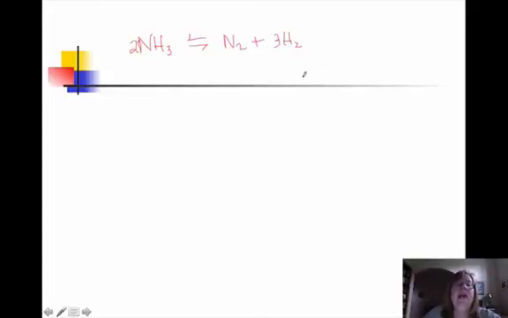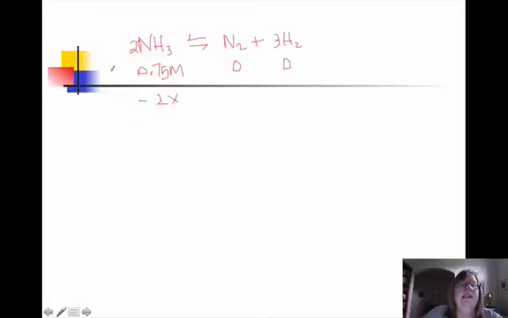All right, now they tell us initially the amount of ammonia that we have is 2.25 moles, and then it's in a 3-liter container. And so to get the molarity, I take those moles and I divide by 3, and I get the concentration of 0.75 molar. We don't have any products at the beginning.